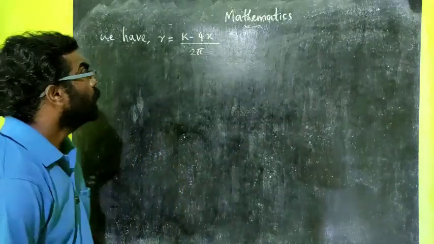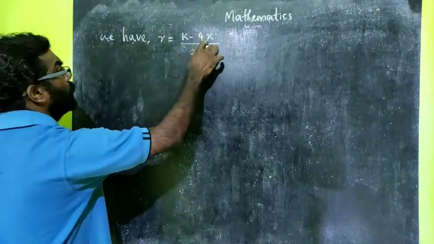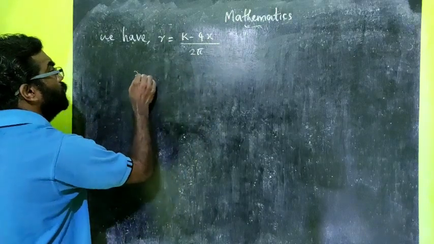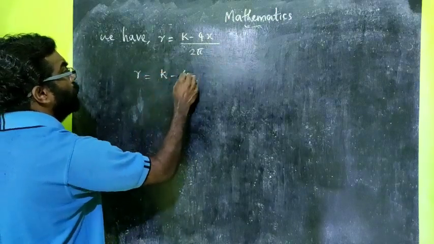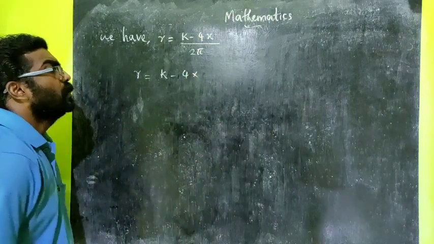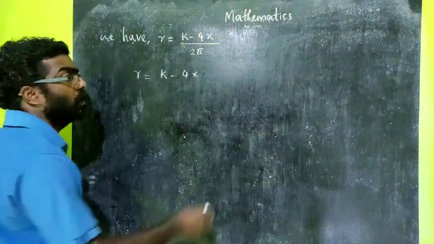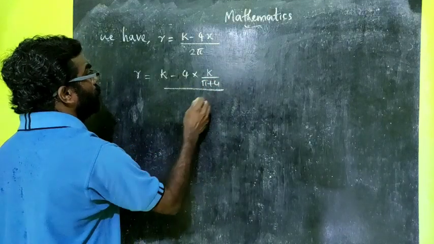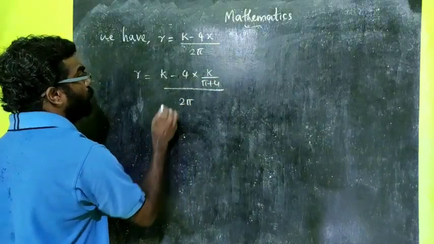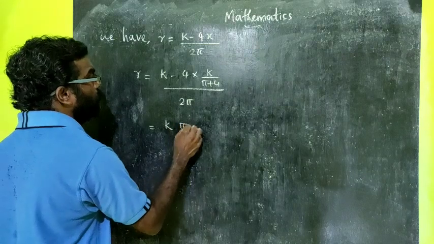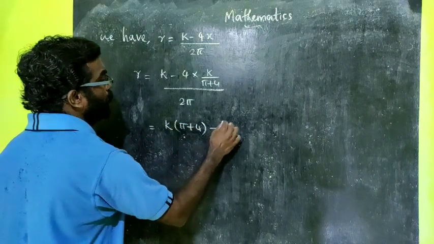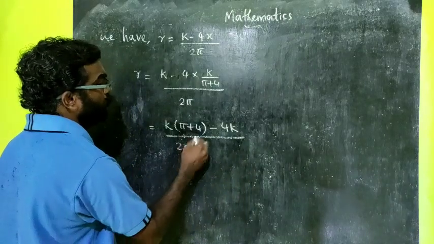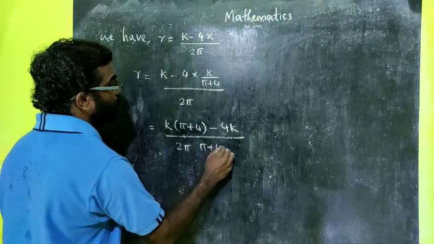Now we have r is equal to (k minus 4x) divided by 2π. Here we can replace the value of x. So r is equal to k minus 4 into, what is the x value we got? k by (π plus 4), divided by 2π. Here we can cross multiply: k into (π plus 4) minus 4k, divided by this 2π and this denominator (π plus 4).